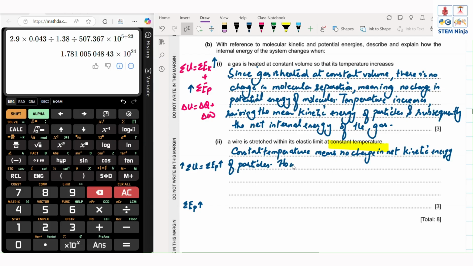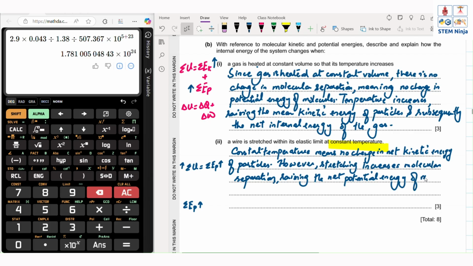However, stretching increases molecular separation, raising the net potential energy of particles or molecules, whatever you want to call them.